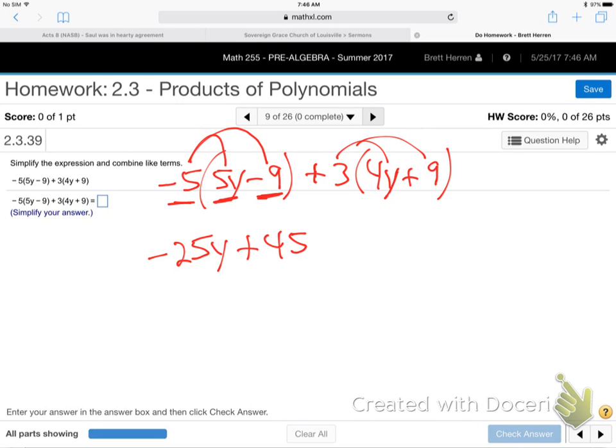Now for the second one, plus 3 times 4 is 12y, and plus 3 times 9, 27. Now we have one more step to do this time, but is everybody okay to there? Questions to there? Everybody see how I got those?